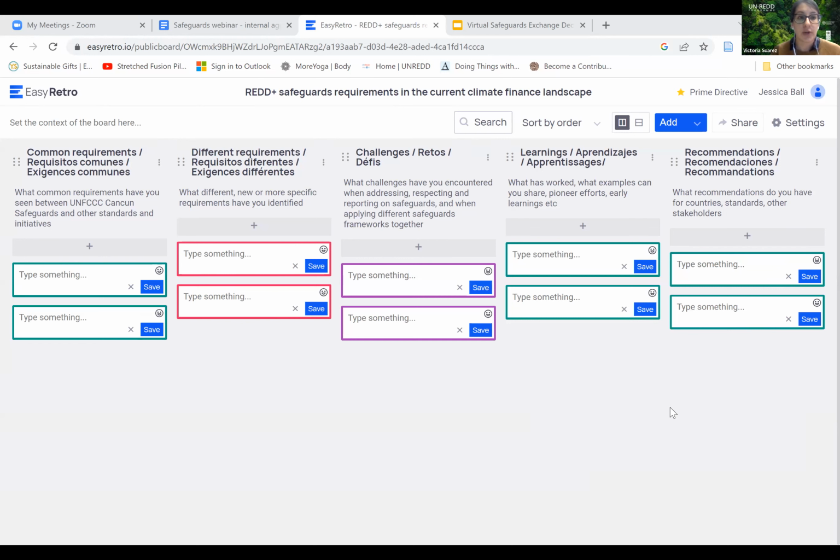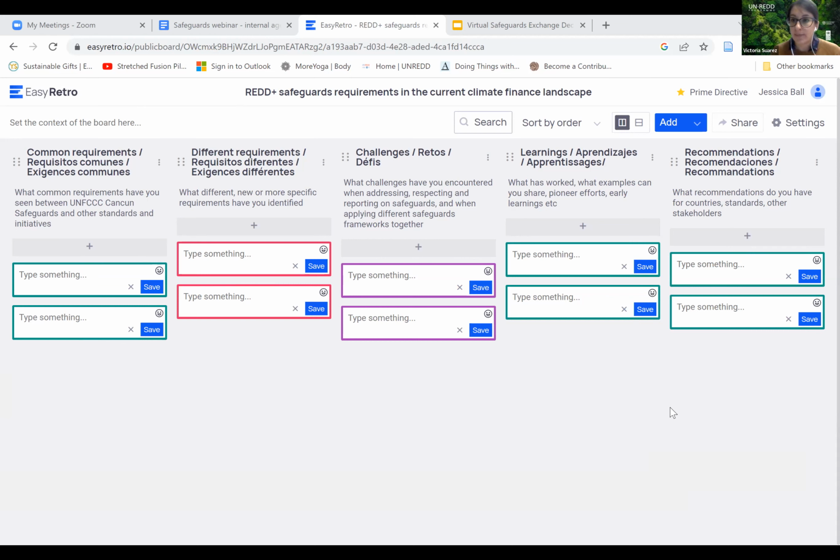This information is not attached to names or organizations, so you can just put your inputs. You can also comment on someone else's inputs if you see that. This is a platform, a board for you to share any information, and also you can click and put thumbs up on ideas that other colleagues have.